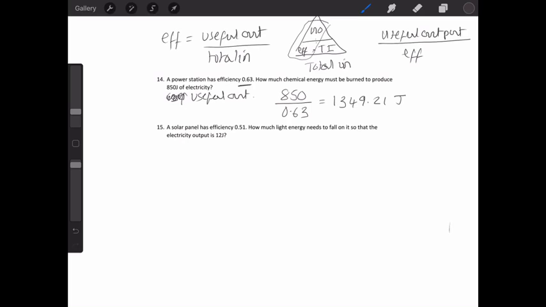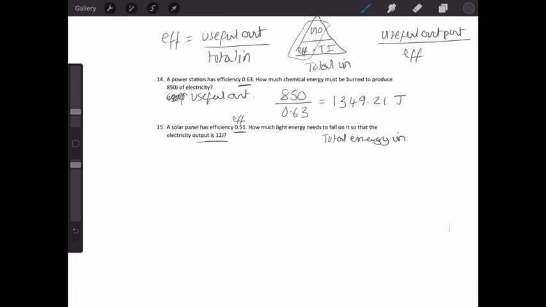Okay, so there we've worked out, and it makes sense because it's a bigger number, that more energy has had to go in to produce this electricity than the amount of electricity we've got out, because it's only 63% efficient. I'll just show you question 15 as well, just in case you want this extra help. So here we're still looking for the efficiency that's been given to us. They want to know how much light needs to fall on it. So they're asking for the total energy in.